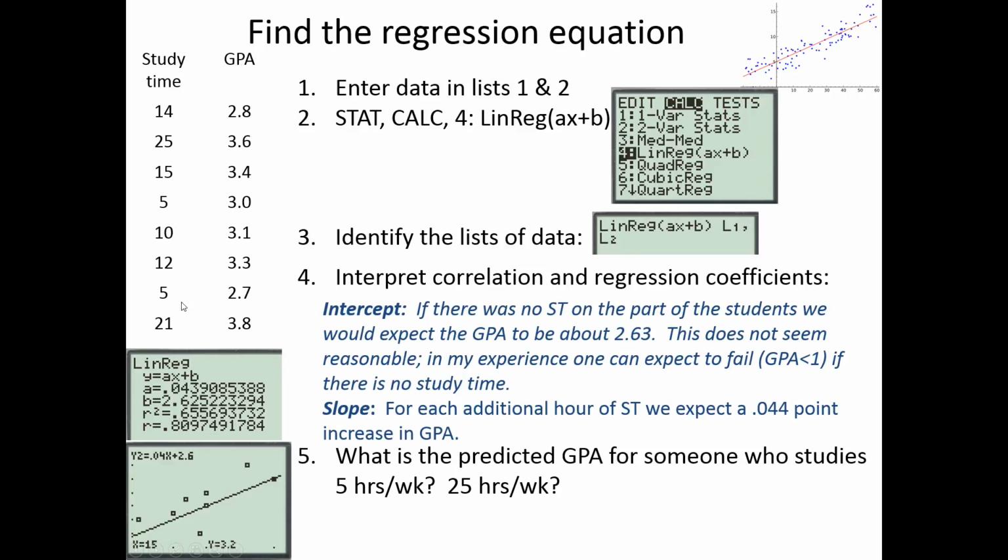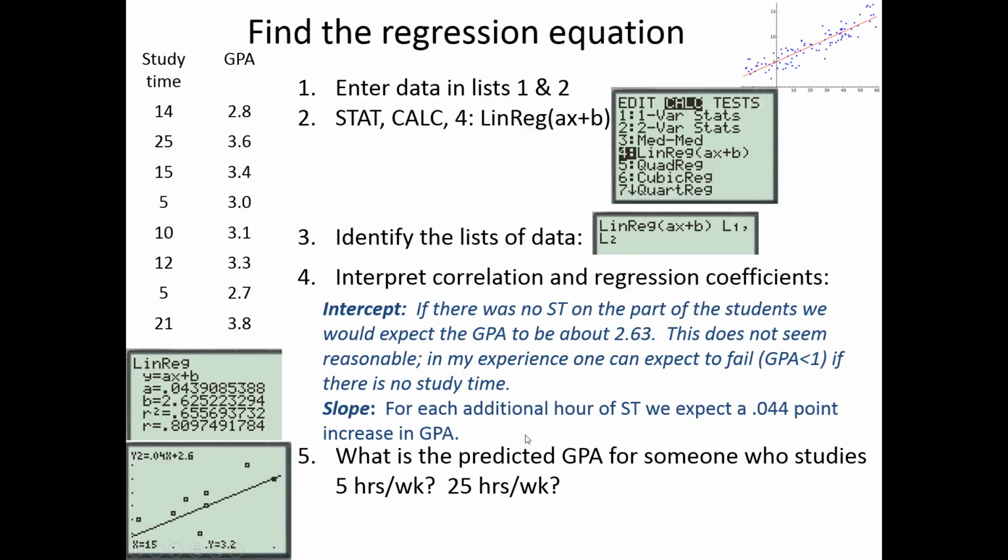So x equal to 0 is not in the range of our data, so we have no reason to believe that this linear model would hold up for that value of x. So the intercept is not reasonable and is not reliable nor meaningful in this particular case.